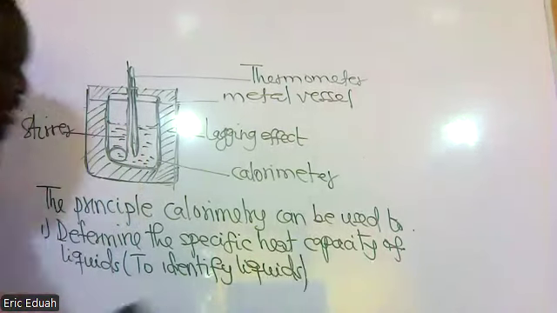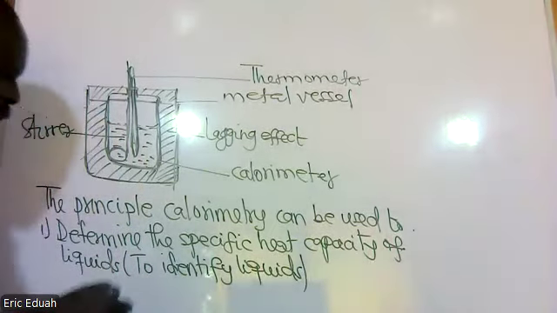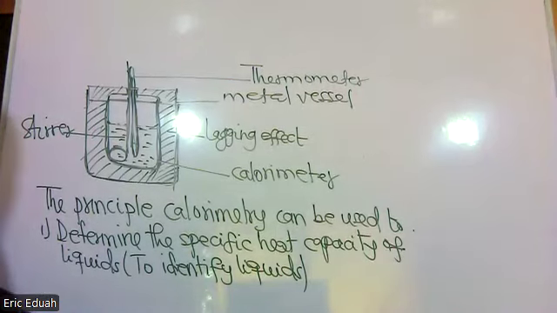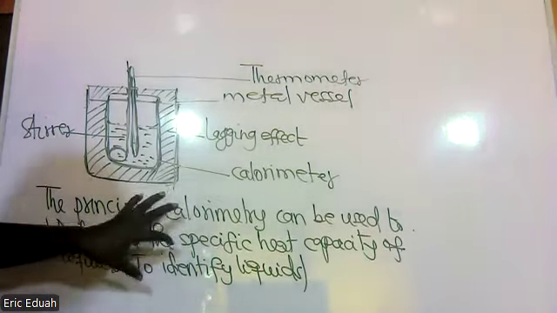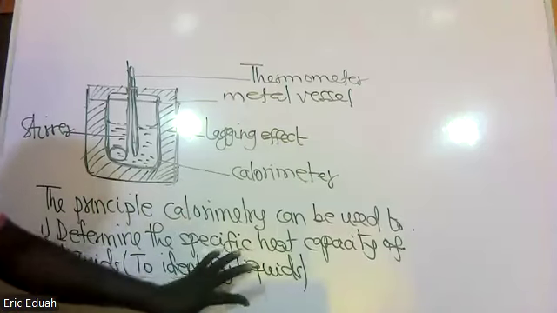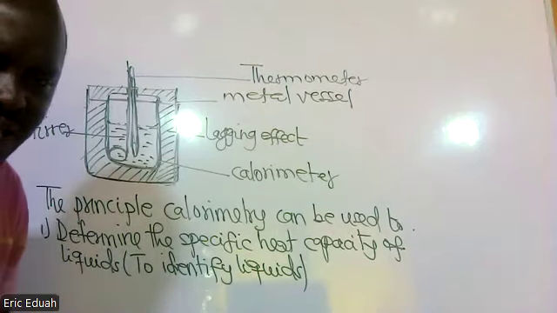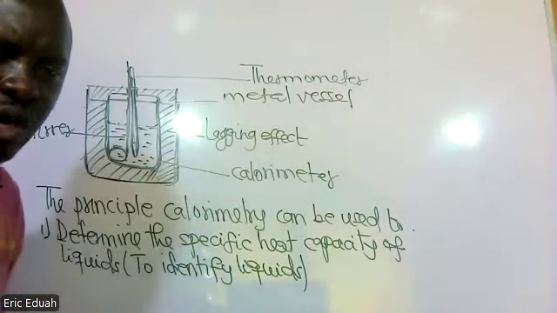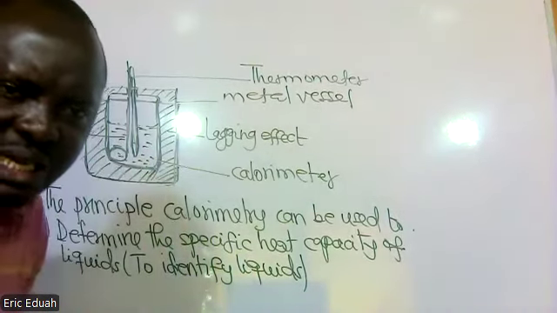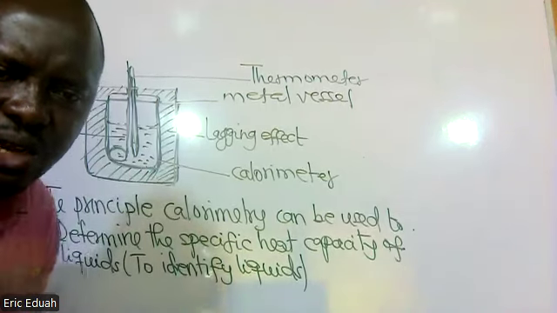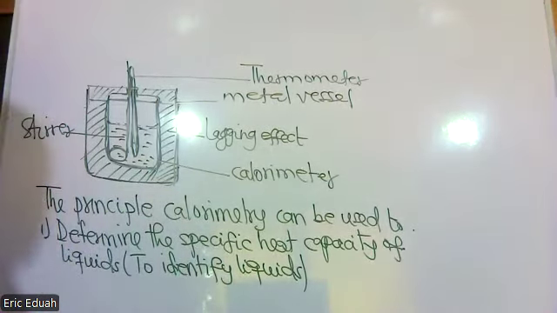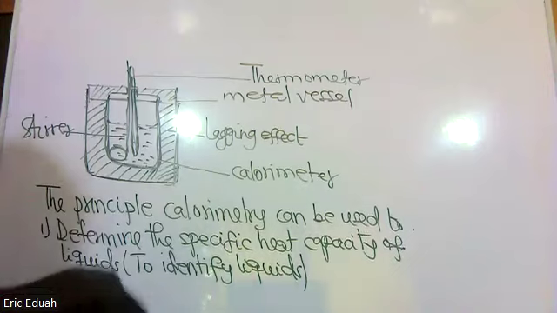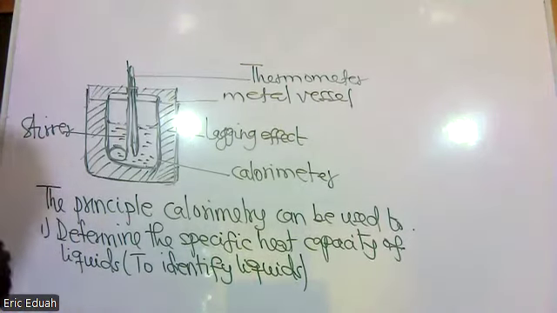Because if I go through the process and I'm able to determine the specific heat capacity of a particular liquid, and it's 4,200 joules per kilogram per Kelvin, clearly, it tells me that the liquid is water. So by knowing the specific heat capacity of liquids, you can use this principle to identify liquids.